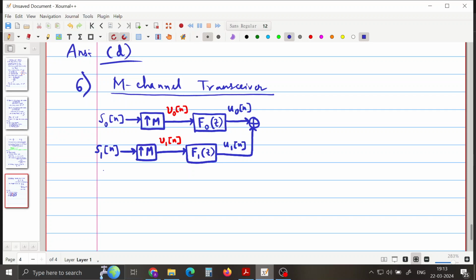So if you continue like this, there will be a kth branch. Not exactly the kth branch, but this is actually the k plus 1th branch because you are starting at the index 0. So if the subscript is k, then it corresponds to the k plus 1th branch. So you'll have some sk of n that goes to your upsampler.